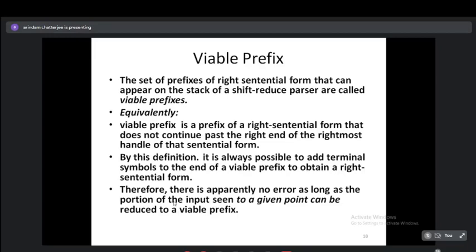Am I clear? In some bottom-up parsers like LR parsers, we will be able to catch an error as soon as the error occurs. So as soon as there is a problem with the syntax, we'll be able to flag an error.